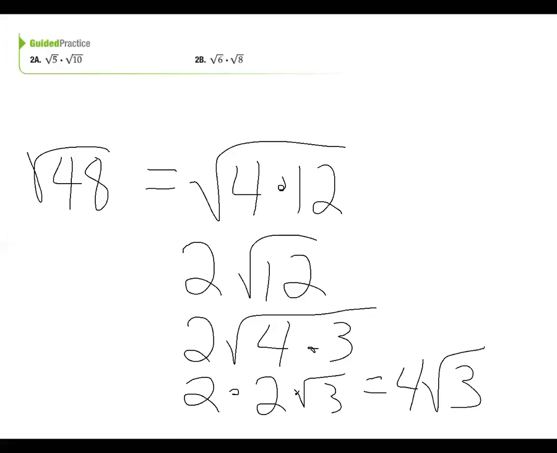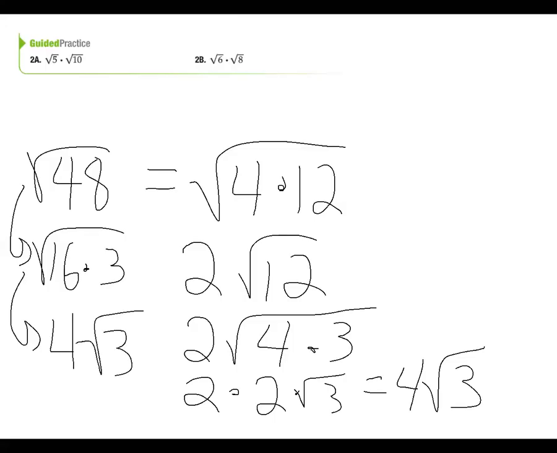Or, right from the beginning, you might see that 48 is 16 times 3. And the square root of 16 is 4, so that would simplify to 4 square root of 3. Okay? Again, multiple solution paths to the same answer, and basically all we're doing is just simplifying in a different order.